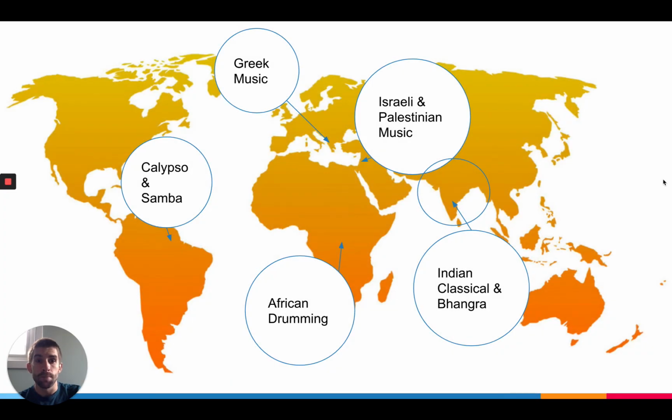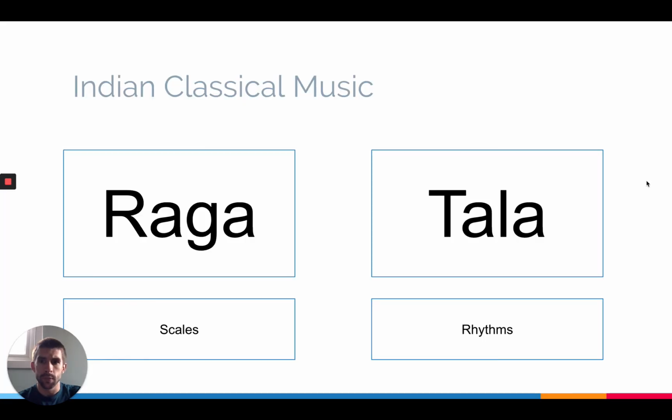Indian classical music, we know, is broken down into two main sections. One is the raga, which is the name for the tonality, the scales, the notes that make up the piece of music, and the second is the tala.